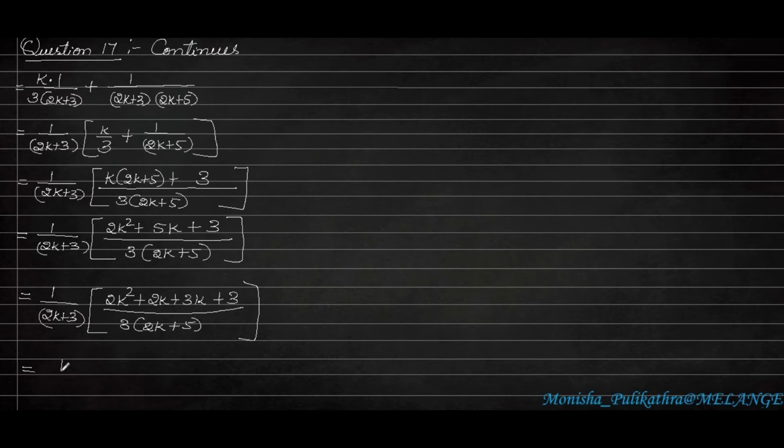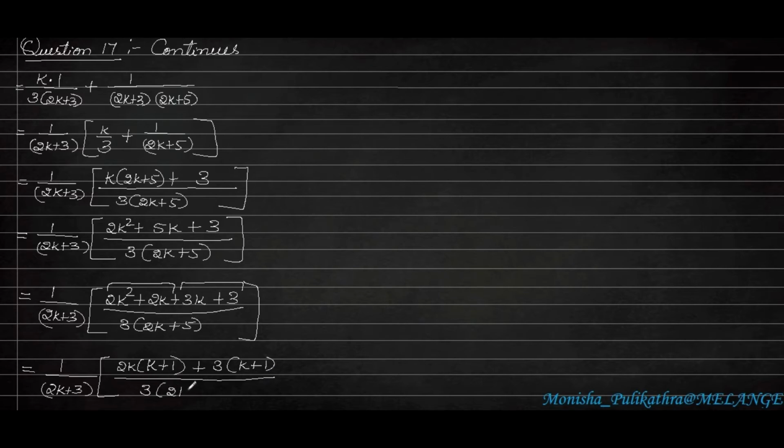So next we have to take the common term. So up to here, from two terms, 2k square plus 2k, the common term is 2k itself. So when I take 2k common, here k is remaining, here 1 will be remaining. Plus here in these two terms, the common term is 3, so remaining will be k plus 1.